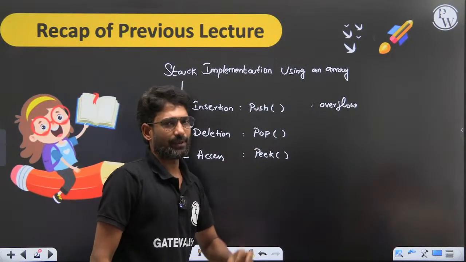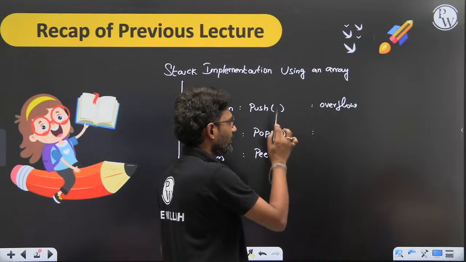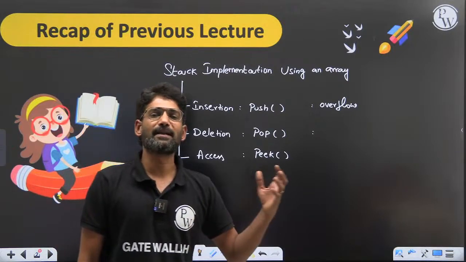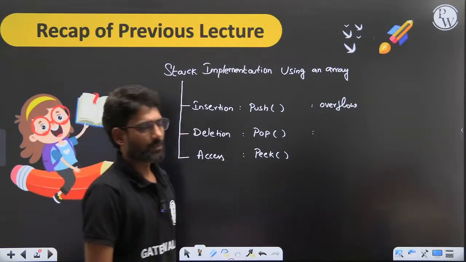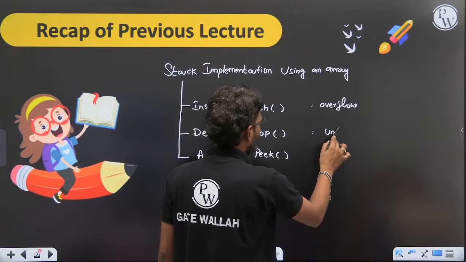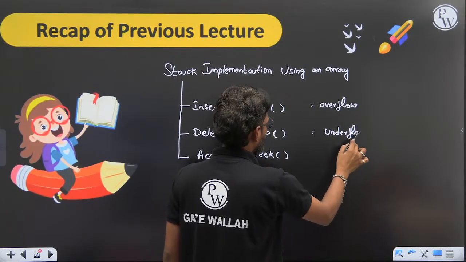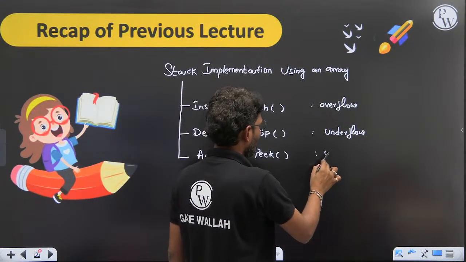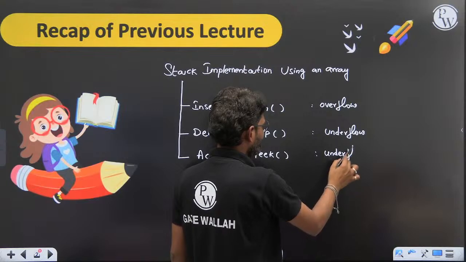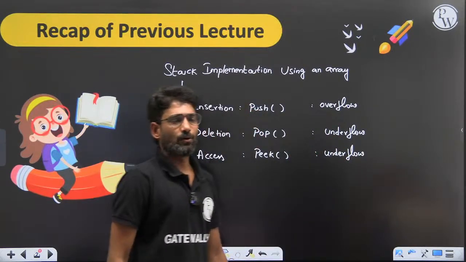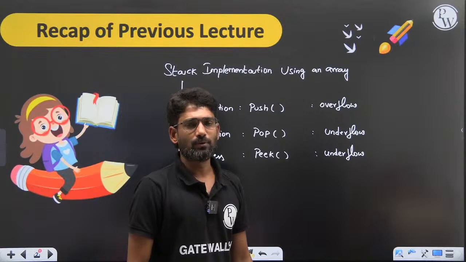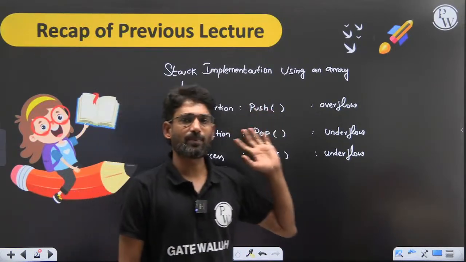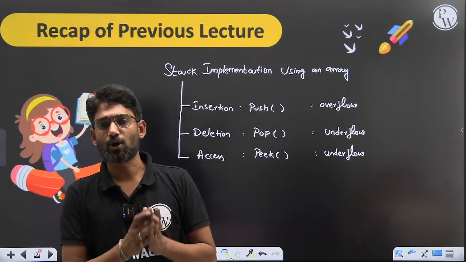And for the pop operation, before we perform it, we have to check whether the stack has some elements to delete or not. If the stack is empty, we call it underflow, we will not be able to pop, and we will not be able to peek either. So while pop and peek, we have to check the stack is not empty, and while push, we have to check the stack is not full.